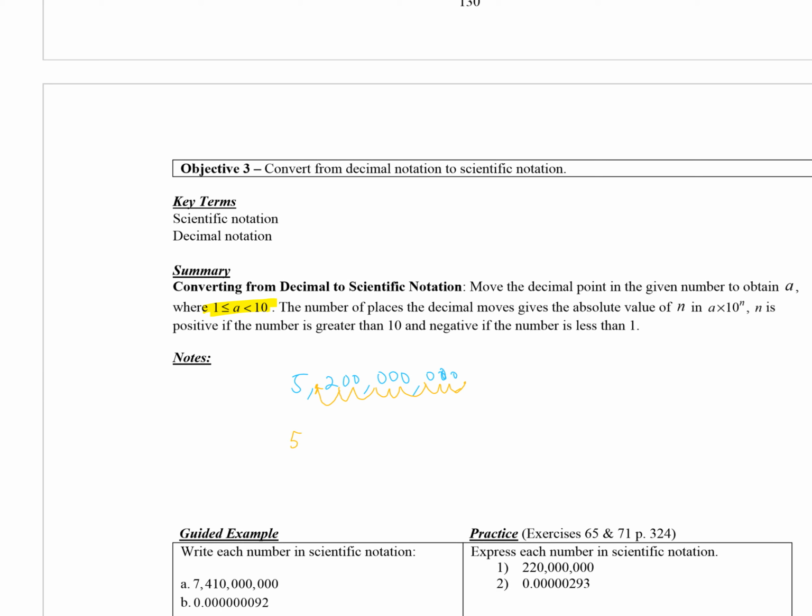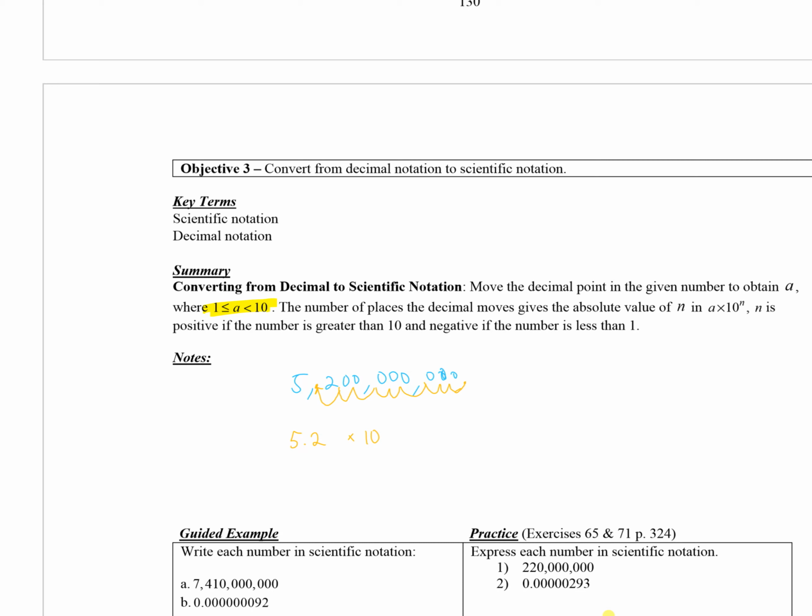That's what I want. I want to get 5.2, and then I have to ask myself, how many times did I have to move that decimal? So 5.2 times 10, scientific notation always carries that times 10 to the power of. The power I put there is the number of moves I used to reach that point.